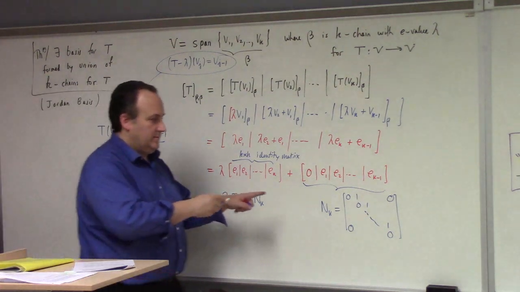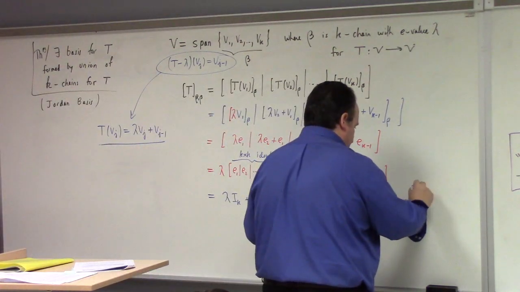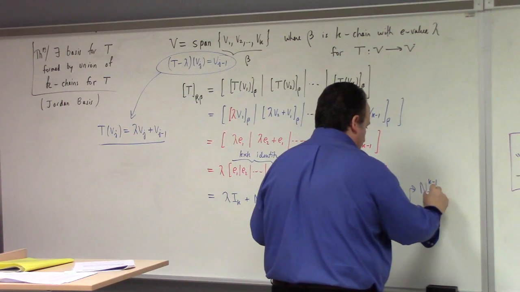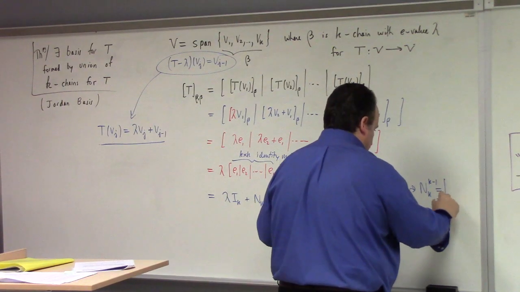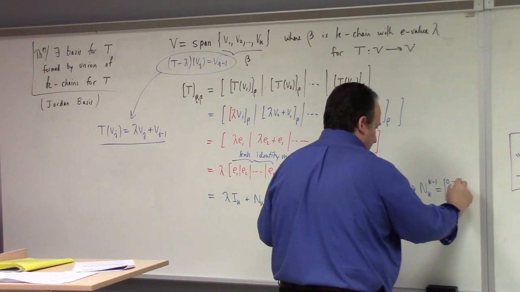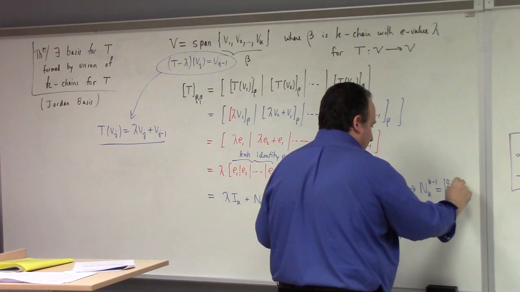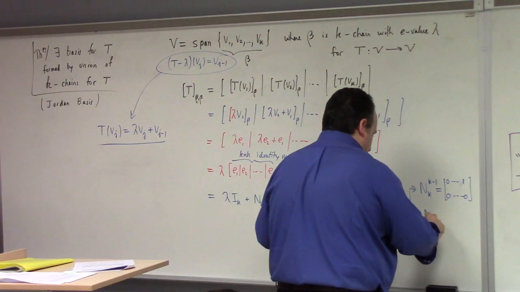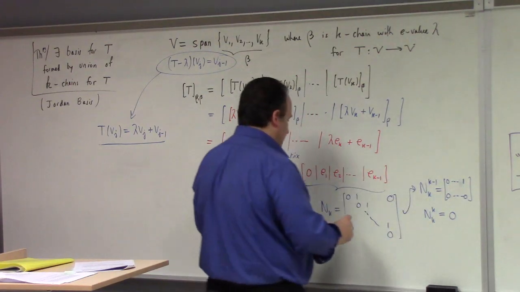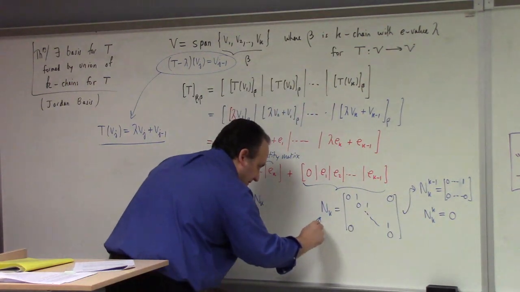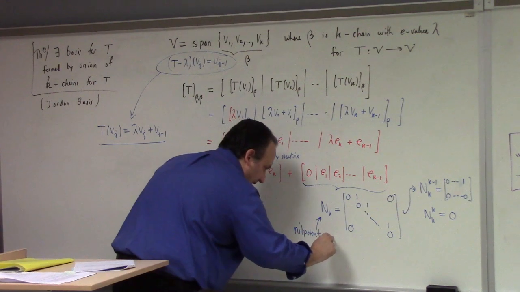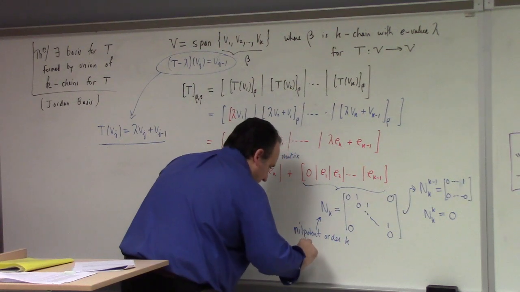You can check that n sub k to the k minus 1 has zeros everywhere except for the very upper right corner being 1. And so n sub k to the k is equal to 0. This right here, guys, is the nilpotent order k matrix.